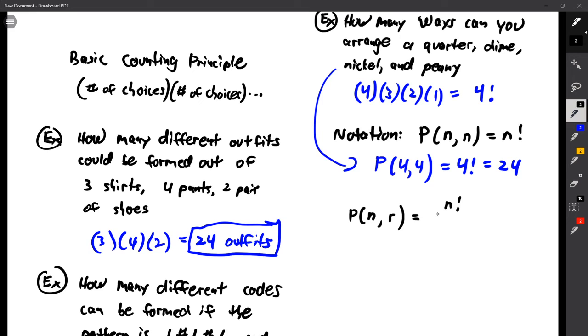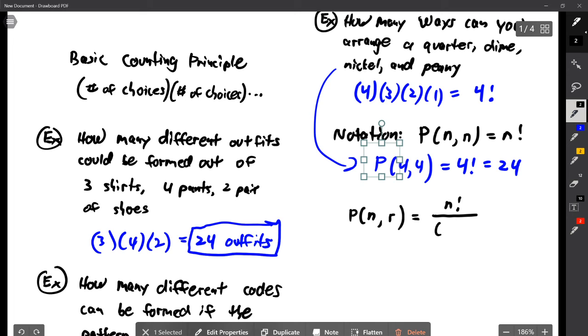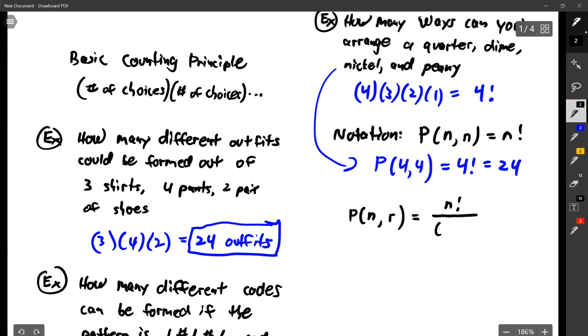So when we don't care about stuff in this kind of context, we divide by that, because multiplying is what happens when you're adding options, and dividing is what happens when you are removing options, basically. So we need to divide by the arrangements of the items we're not using. How many items are we not using? n minus r. And how many ways can you arrange those items? n minus r factorial.